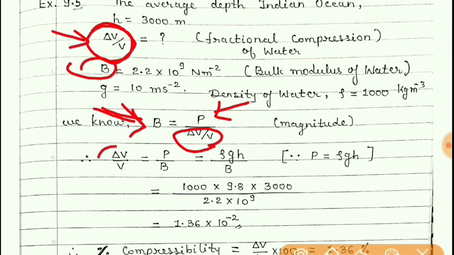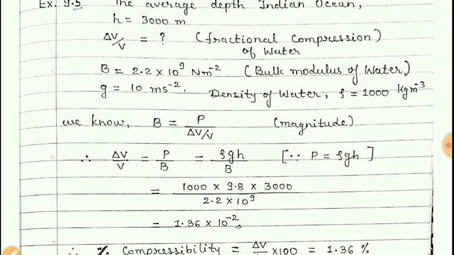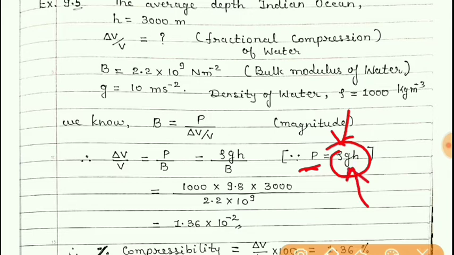Now making delta V by V the subject, we will get P by B. Now look, B is given, but pressure P is not given to us, but we know that pressure P is rho g h, where rho is the density of water, g is the acceleration due to gravity, and h is the depth. So in place of P, we have kept rho g h.